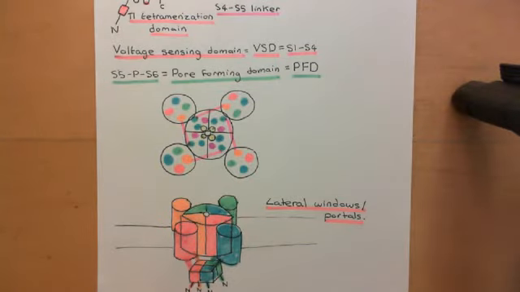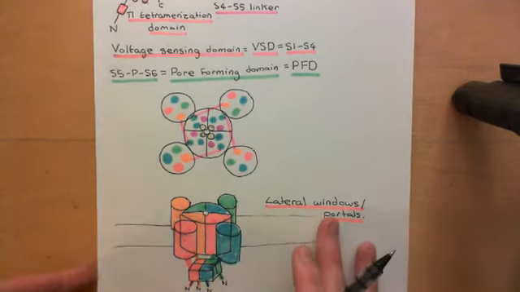So what I want to do now in this video is talk about the diversity of voltage-gated potassium channels, because the difficulty here is that it would be beautifully simple if there was just one alpha subunit of a voltage-gated potassium channel, and we could call it the alpha subunit of voltage-gated potassium channels.